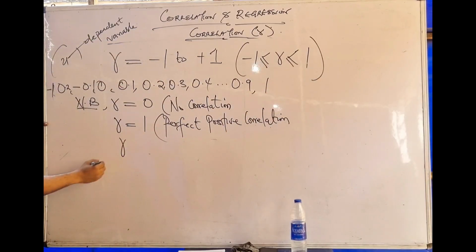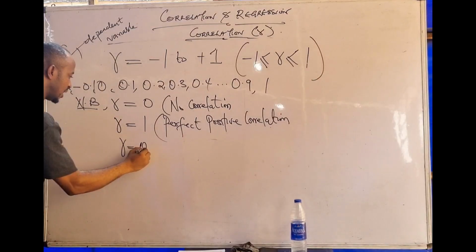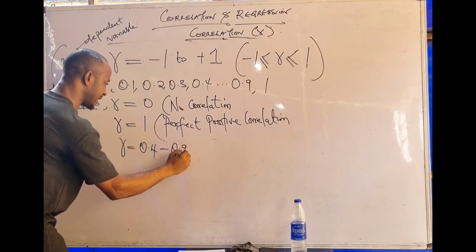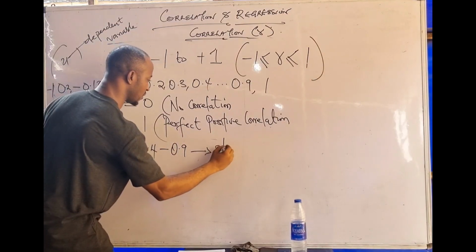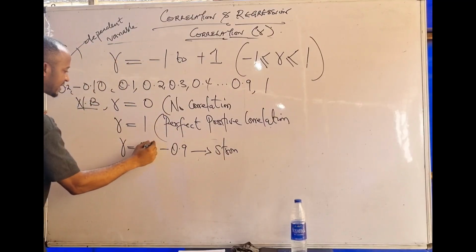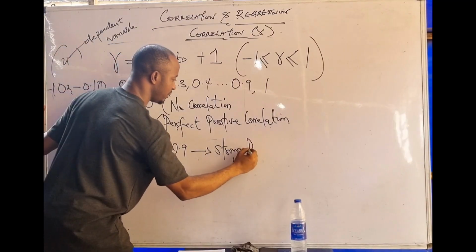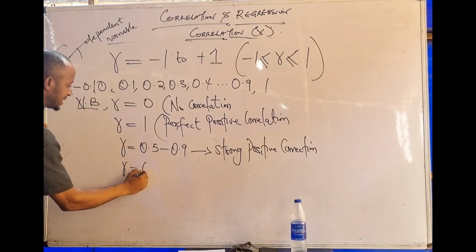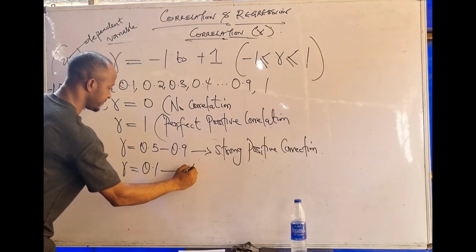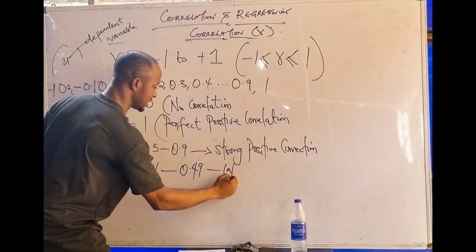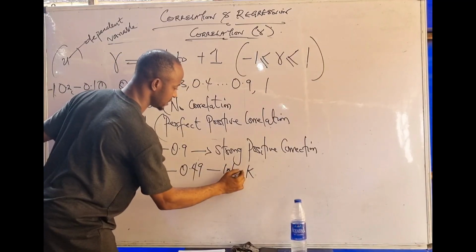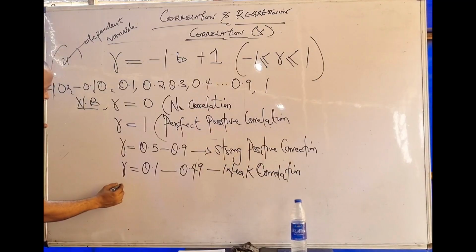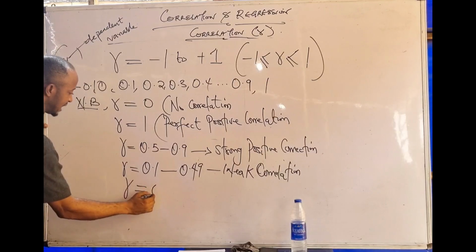When R is between 0.4 to 0.9, this means there's a strong positive correlation, so 0.5 like that, 0.9. When R is between 0.1 to 0.49, this means there's a weak correlation.